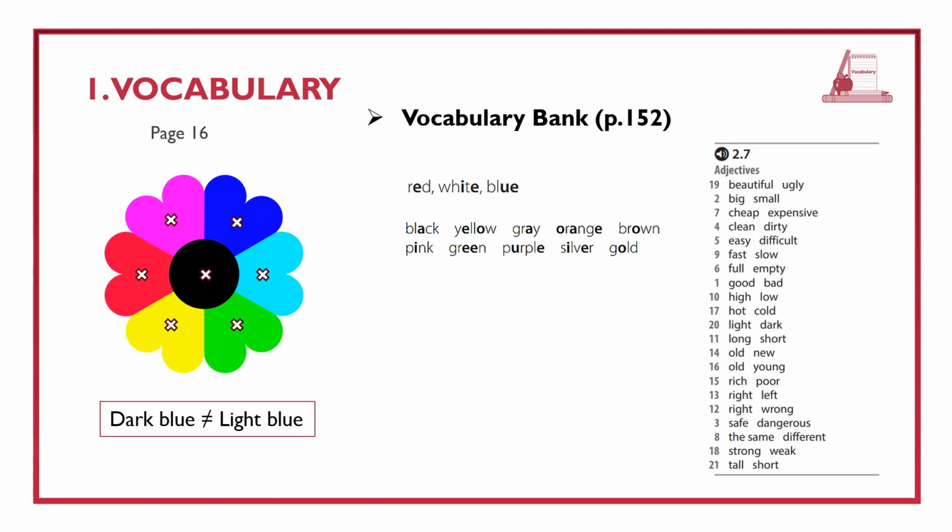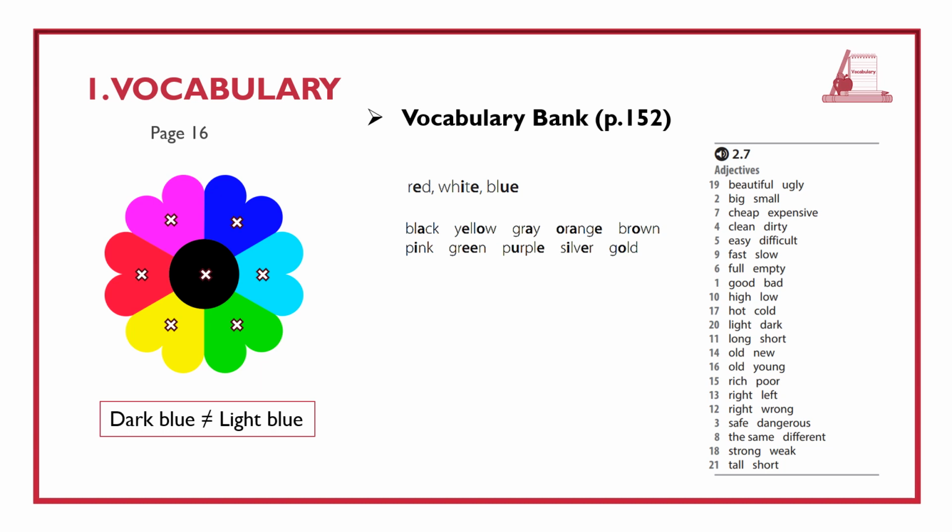So we have number 19, beautiful, and the opposite is ugly. The opposite of beautiful is ugly. Number 2, big and small. Number 7, cheap and expensive. Number 4, clean and dirty.